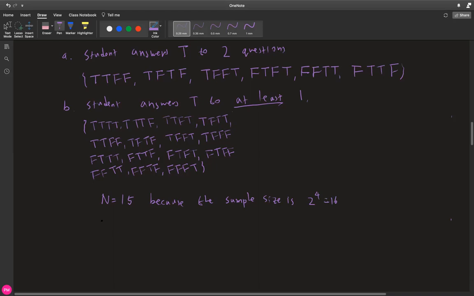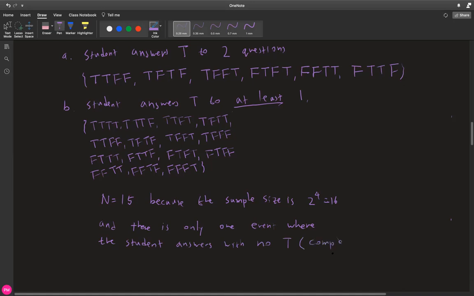And there is only one event where the student answers with no T. And this is what we were talking about in terms of complement.